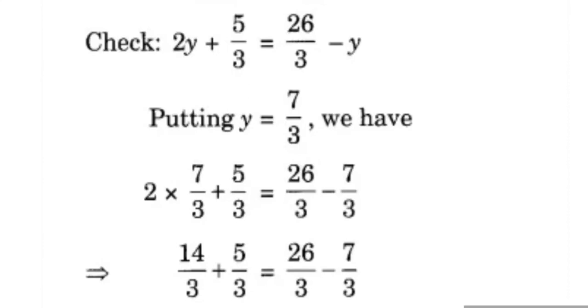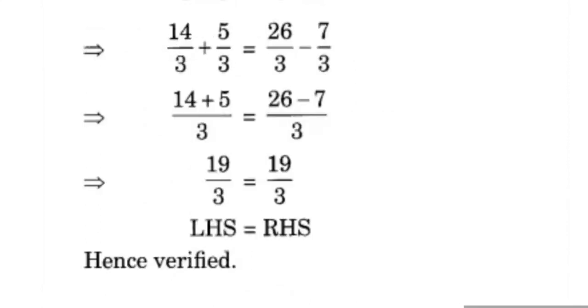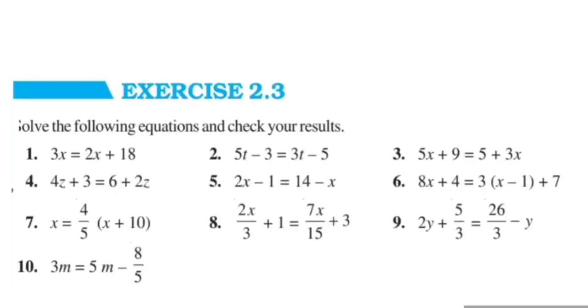So this 2 into 7 is equal to 14 upon 3 plus 5 upon 3 is equal to 26 minus 7 upon 3. Left hand side 14 plus 5 upon 3 and right hand side 26 minus 7 upon 3. So 14 plus 5 is 19 upon 3, and right hand side also 26 minus 7 is 19 upon 3. Means left hand side equal to the right hand side. Hence verified.